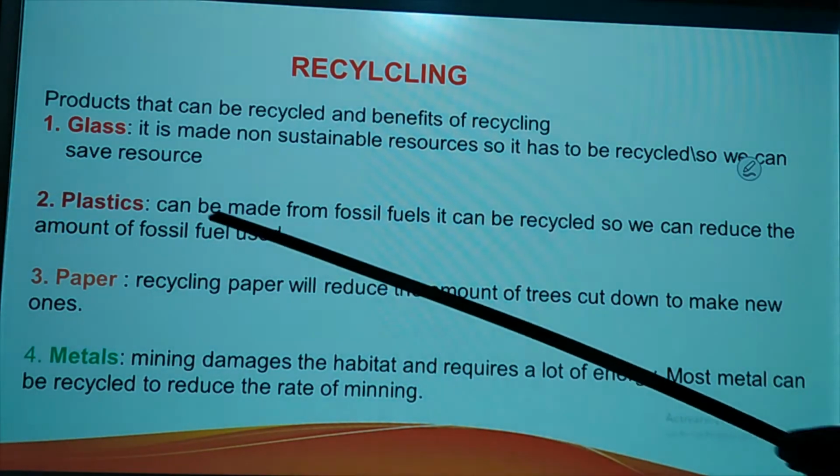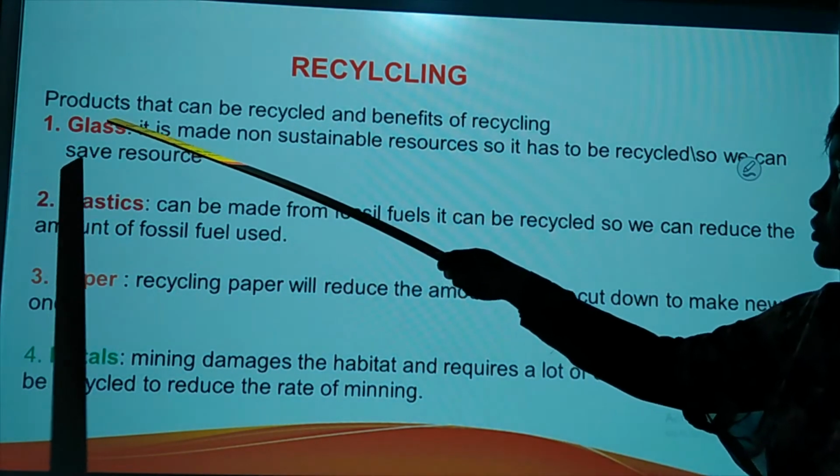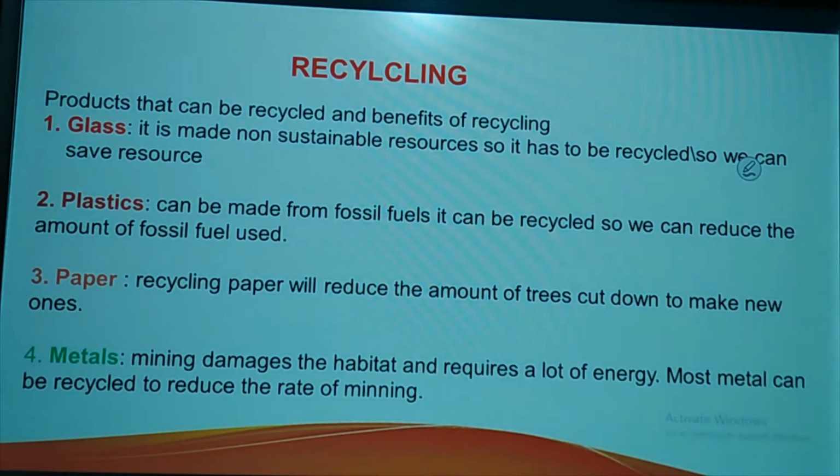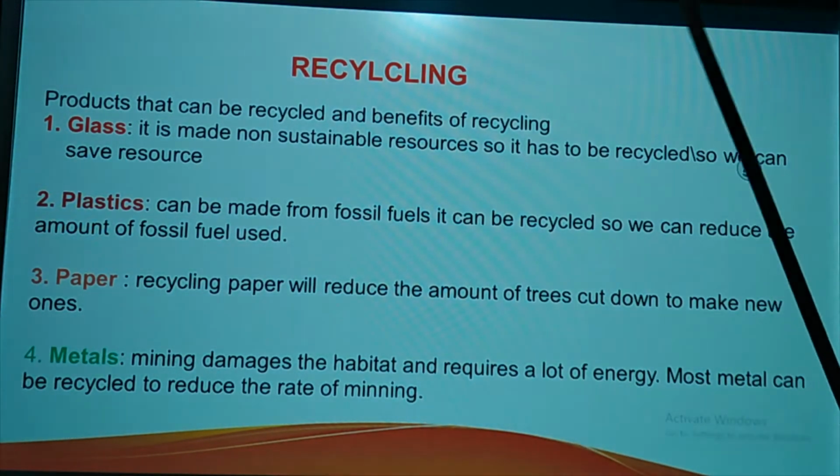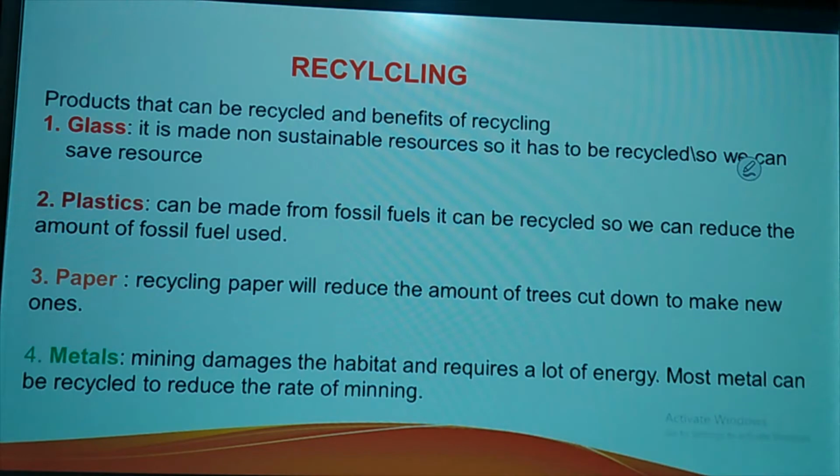The first product that can be recycled is glass. Glass is made from a non-sustainable resource, so it has to be recycled. It means if we do not recycle glass, the non-sustainable resource will finish.